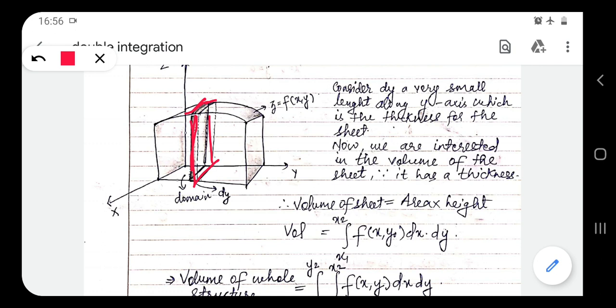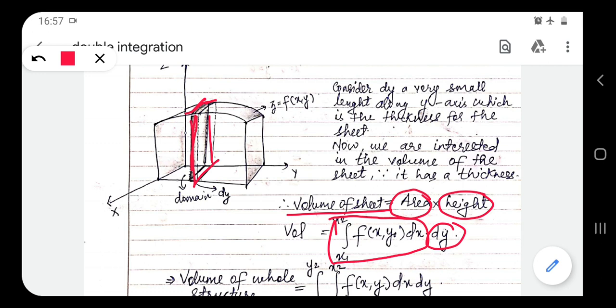So what is the volume of that slab, of that sheet? It is given by this area into height. What was the area of that slab? It is this thing, and into the height.